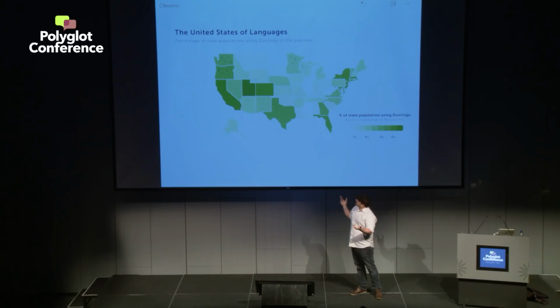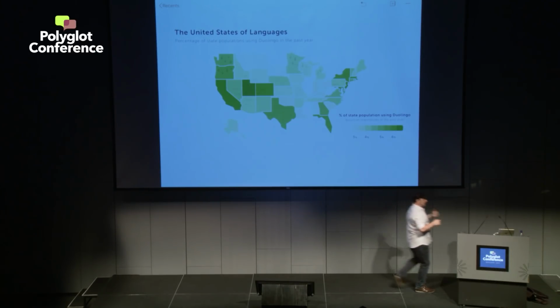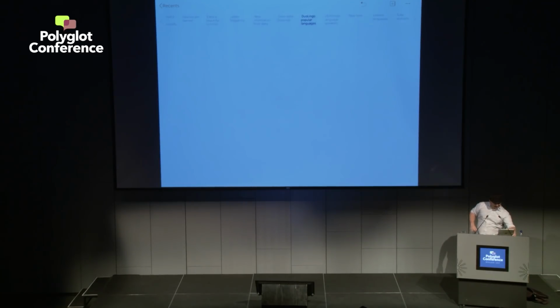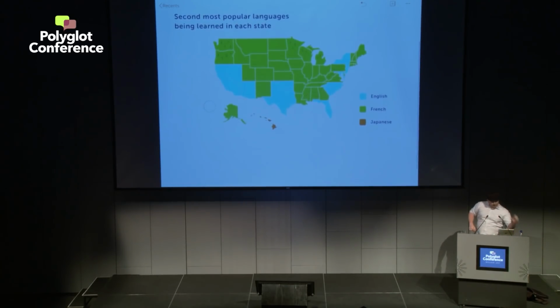And you can kind of see these states pop out, but what is more interesting is if you can combine that with something else and start to see a story emerge. So another data set that Duolingo have is the most popular languages. And look at that.